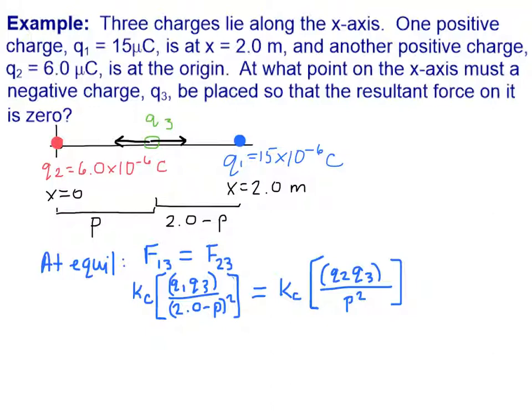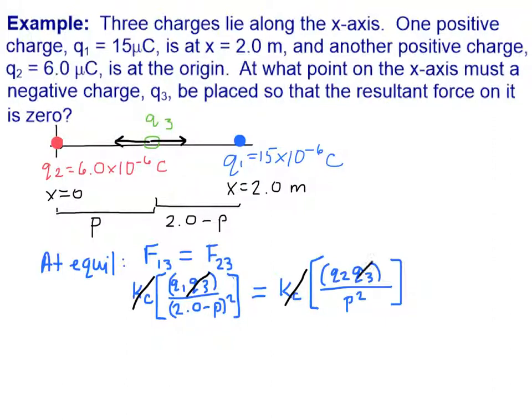I can substitute in my Coulomb's law equation now, because I know my electrostatic force, or electrical force, is going to be equal to this equation, and I went ahead and substituted in the representations for that. So now I can cancel out like terms. This constant cancels out on both sides.